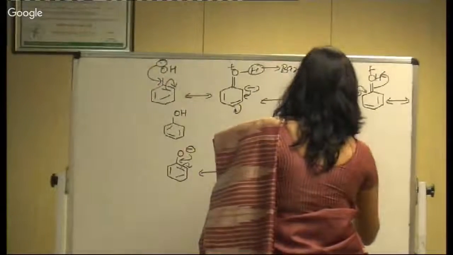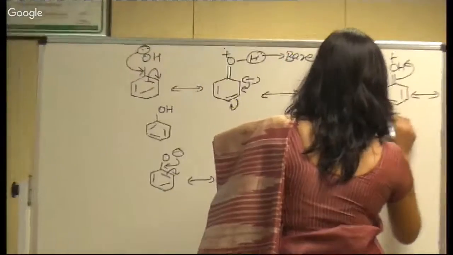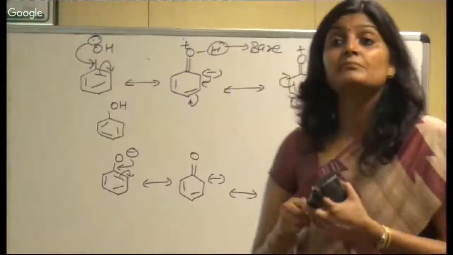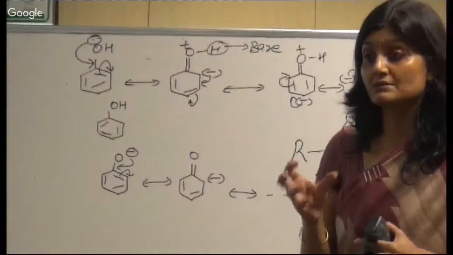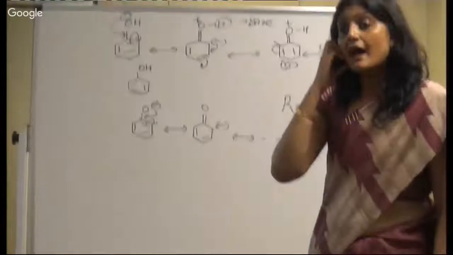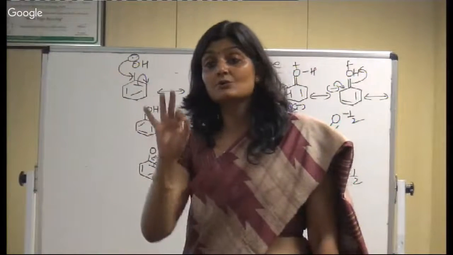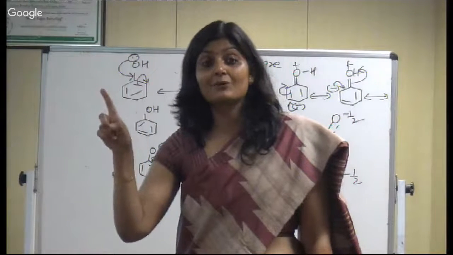In the next slide, you will see that structure. So the actual structure we see is like this. Effectively, there is only a 50% negative charge residing on each of the oxygen. Please remember, as the negative charge residing on oxygen goes on decreasing, the acidity of that particular compound will increase.